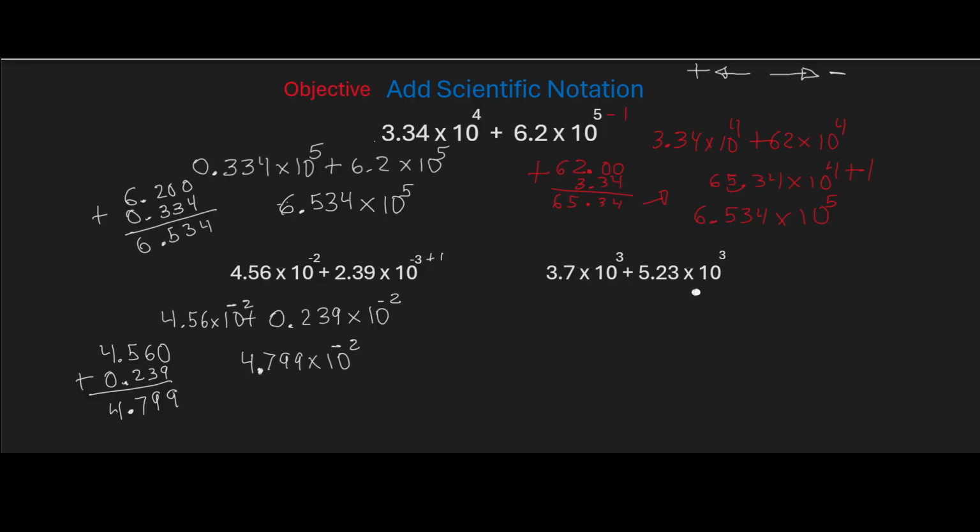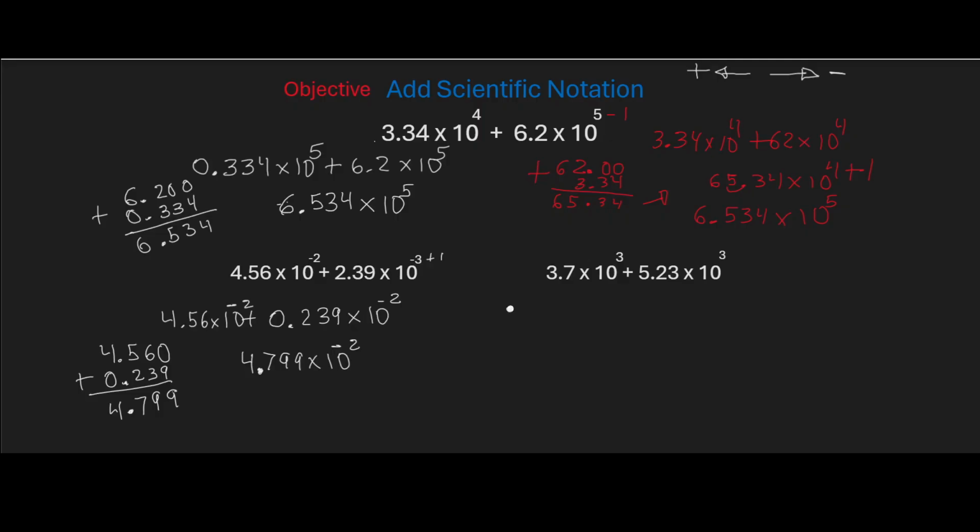So in this case, we're just going to add it up. There is nothing for you to change, because that's what we needed to do. We needed to have the same exponent. So this one is really easy because all we have to do is add the two numbers.